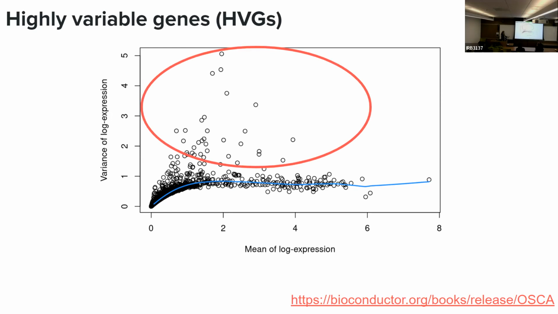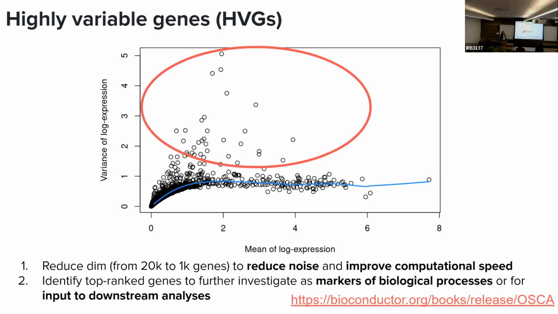If you don't know what I'm talking about, this is just a standard way that people do feature selection in single cell. We care about this because it reduces the dimensions of the data from like 20,000 to maybe 1,000 genes. It reduces noise in the data. It improves computational speed. And then sometimes people are just interested in looking at the markers themselves.